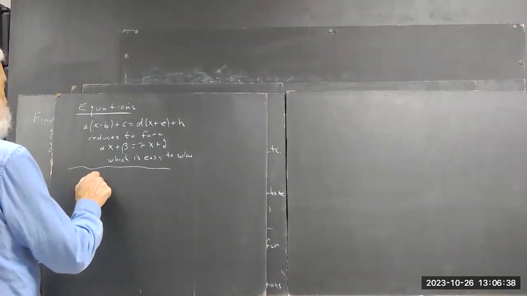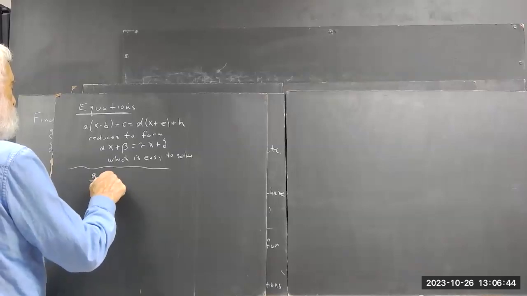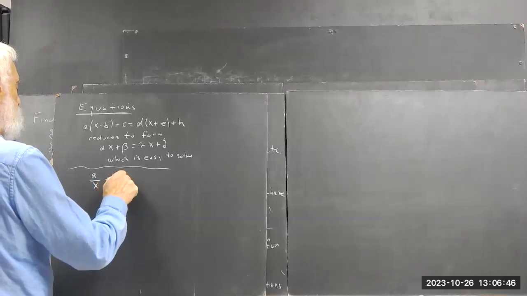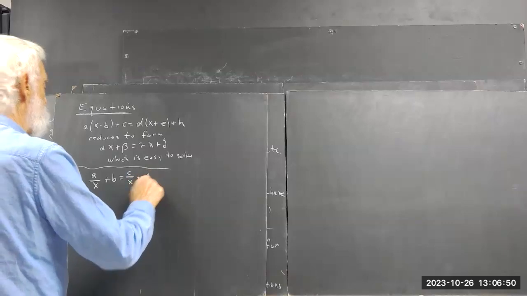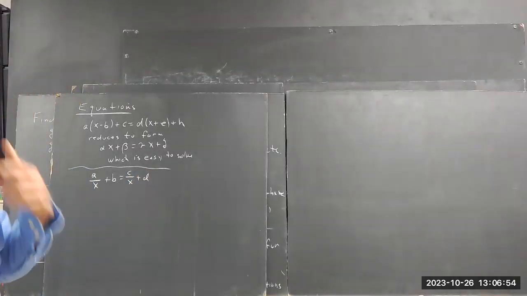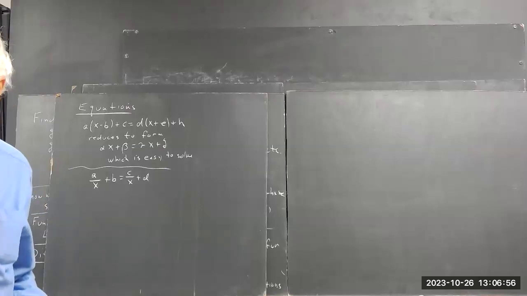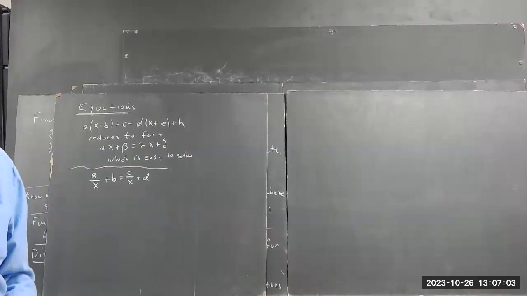If you have an equation like this, what do you do? How many of you immediately thought to multiply both sides by the common denominator?